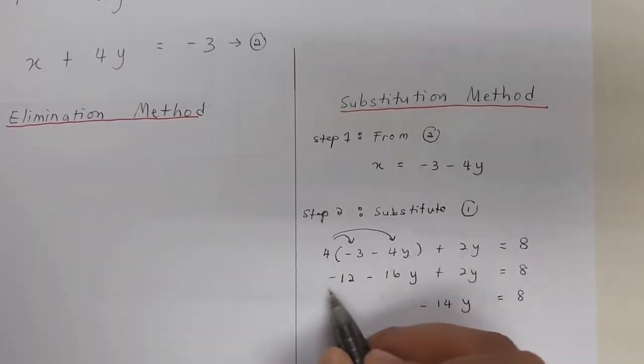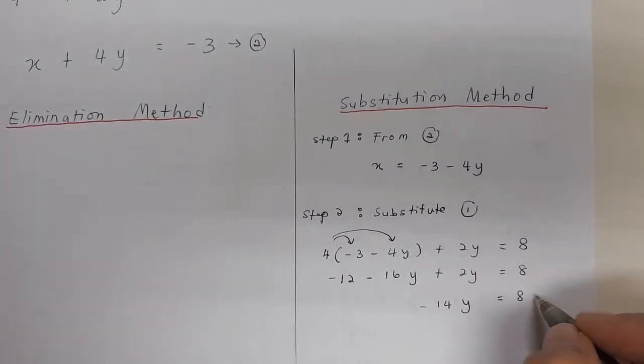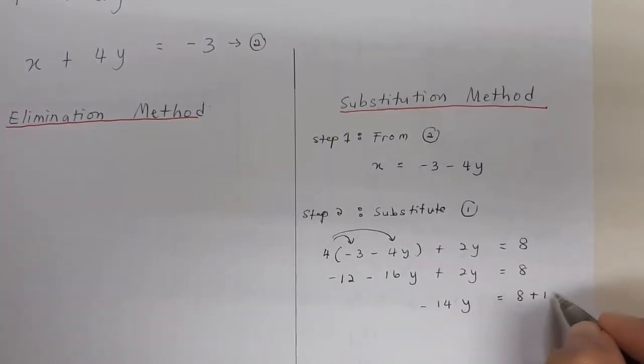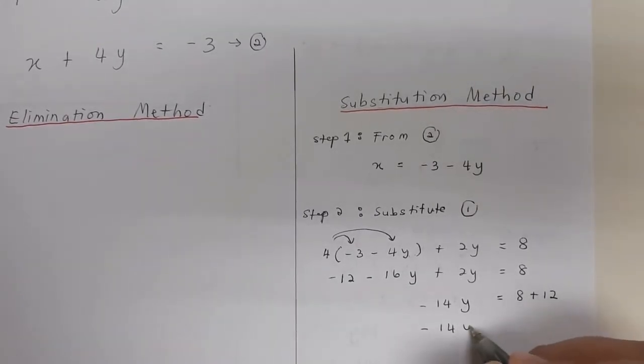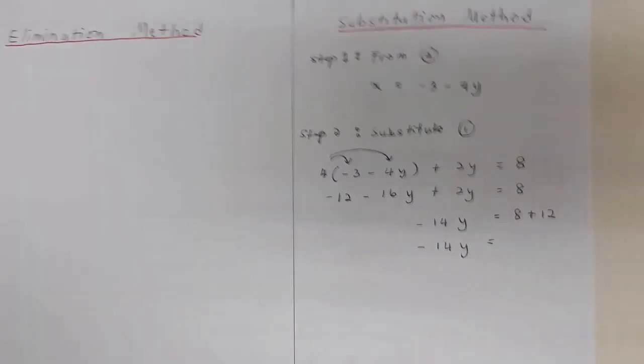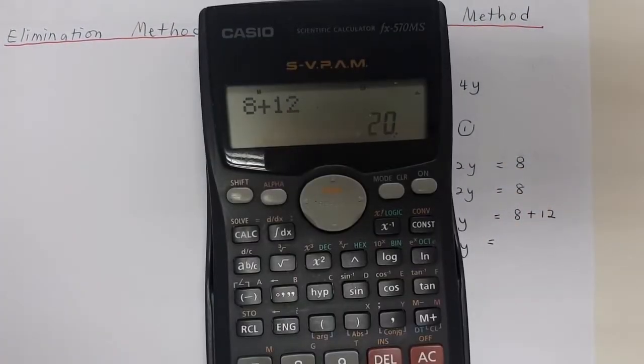On the left hand side, negative 12. Move negative 12 to the other side, it became plus 12. 8 plus 12 equal 20.